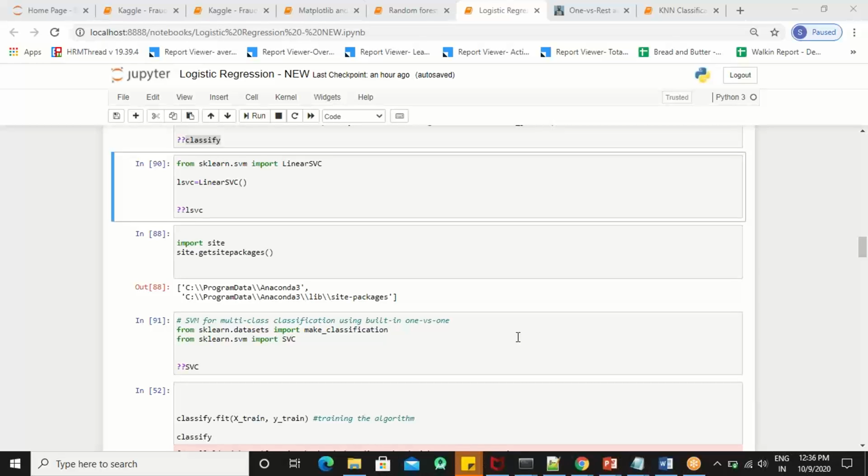Because it just decides how many models should run.